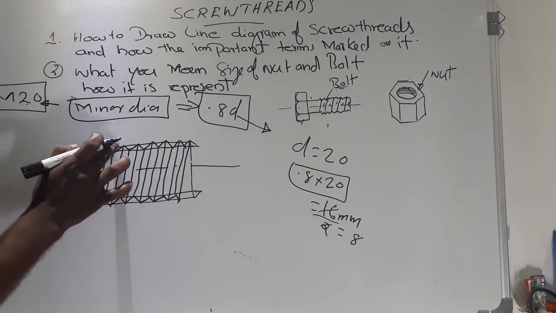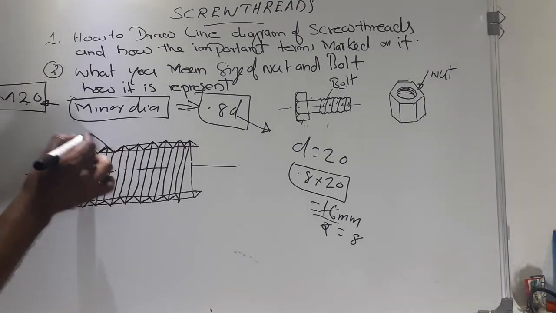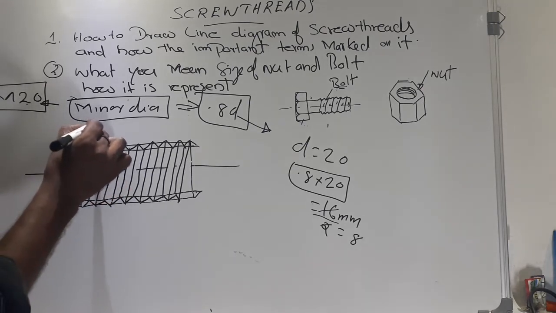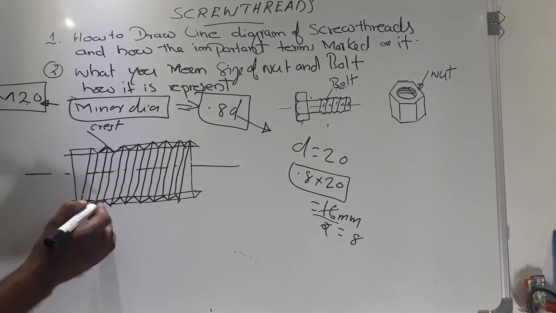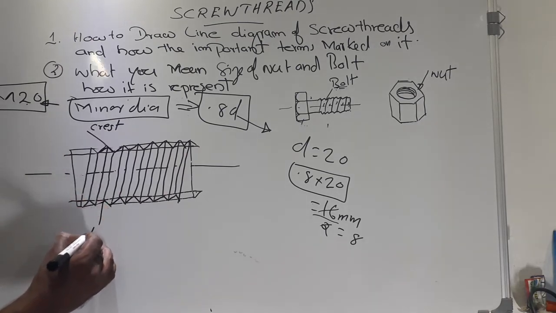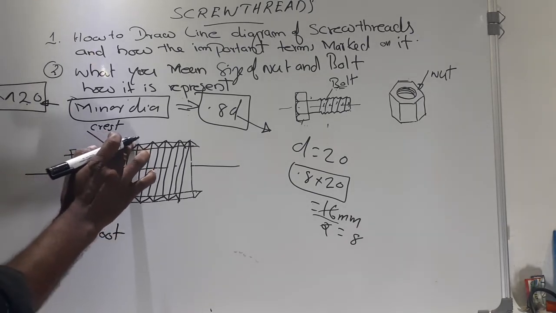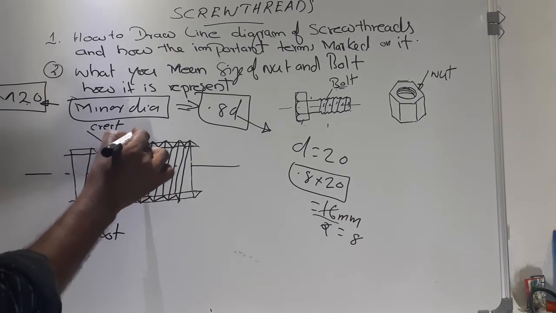From this point we can mark it: this point, the uppermost part of the thread, is called the crest, and the lowermost part is called the root. This is one uppermost part, this is another uppermost part.